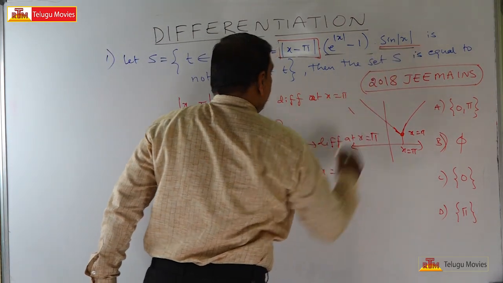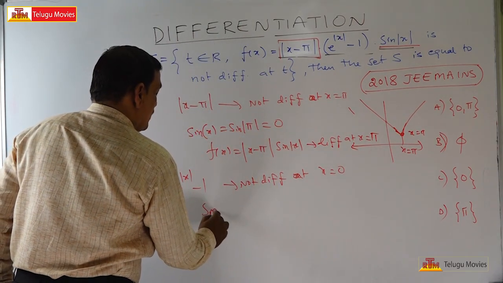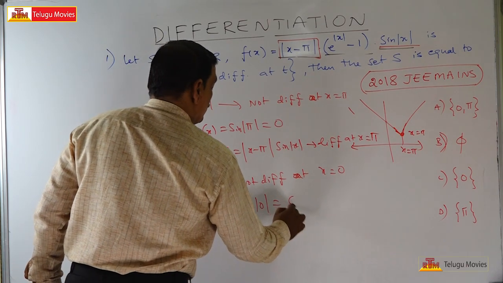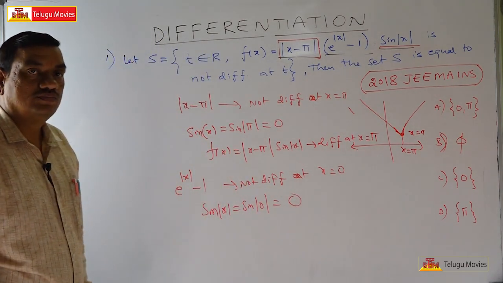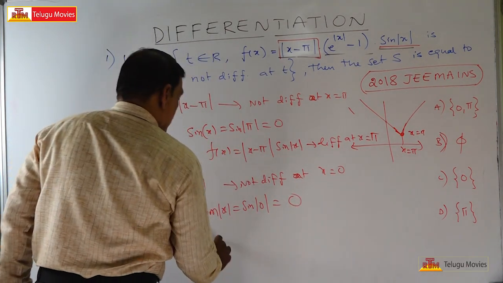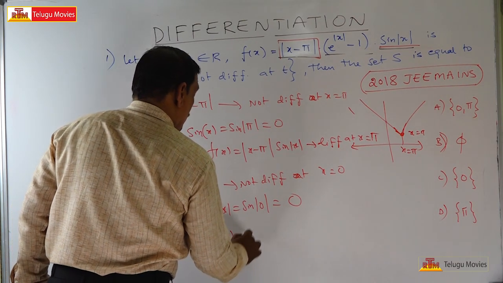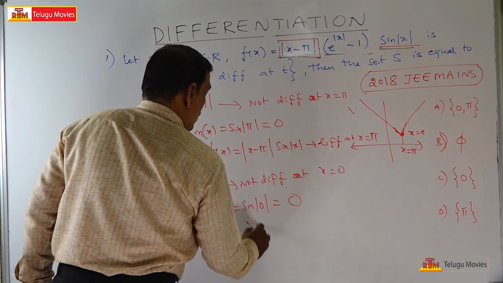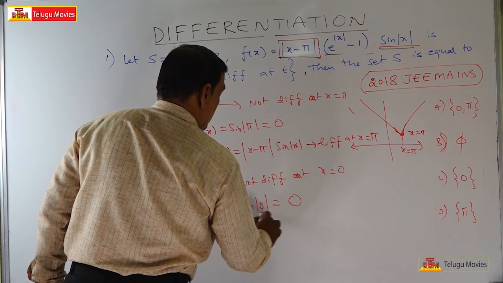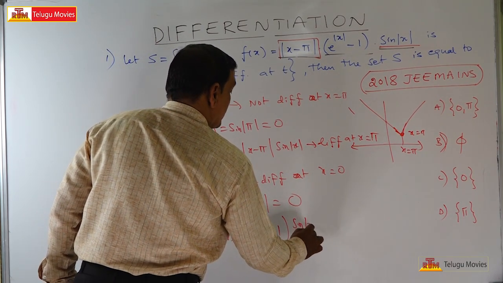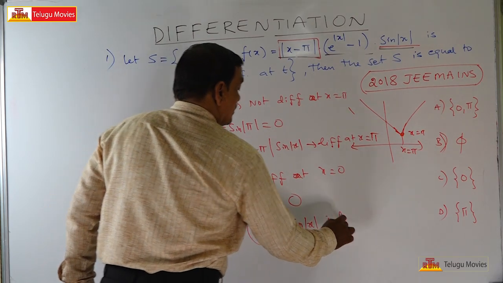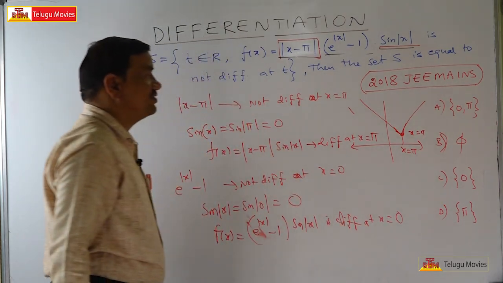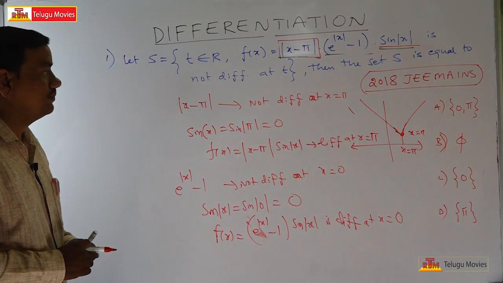But sin of modulus of 0 is equal to 0. Therefore, the function f of x equal to e to the power of modulus of x minus 1 into sin x is differentiable at x equal to 0.